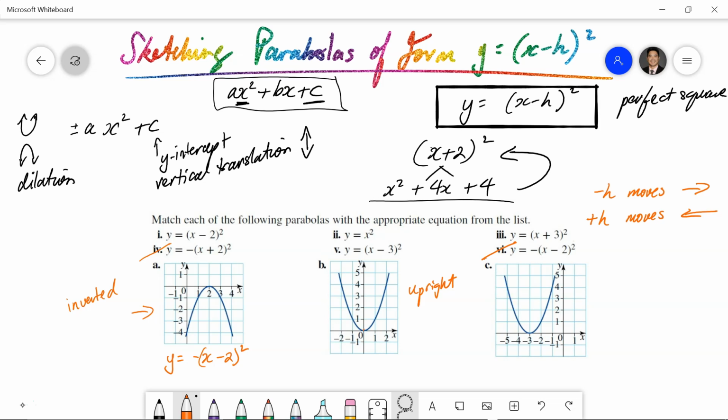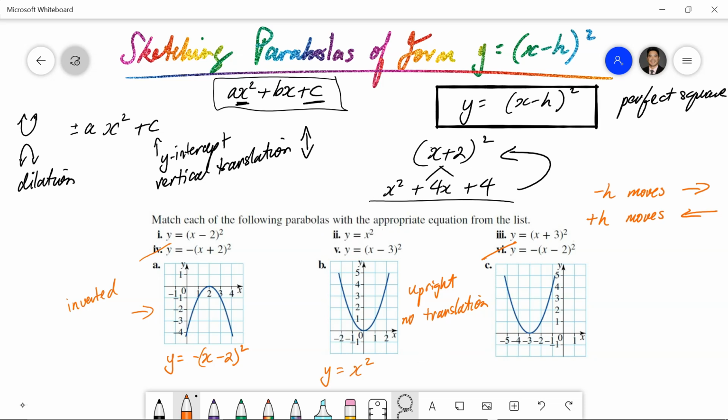It's still at the origin here, so that means no translation going across. It also hasn't gone up or down, so neither of those options work. That means it has to be 2. So this is y is equal to x squared.